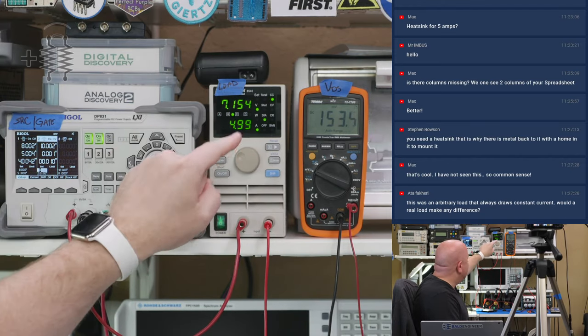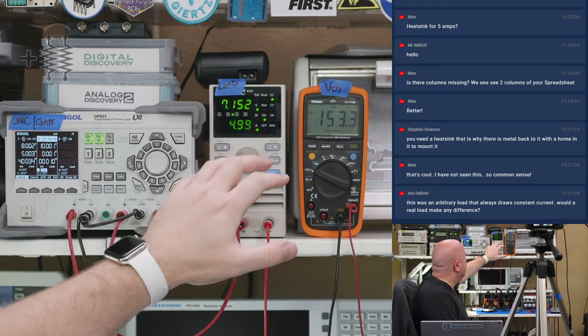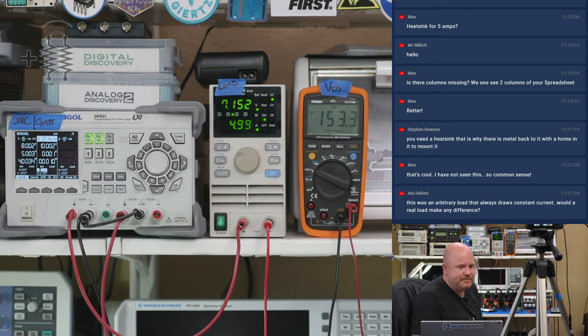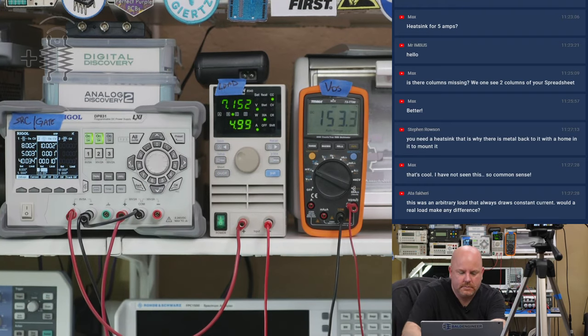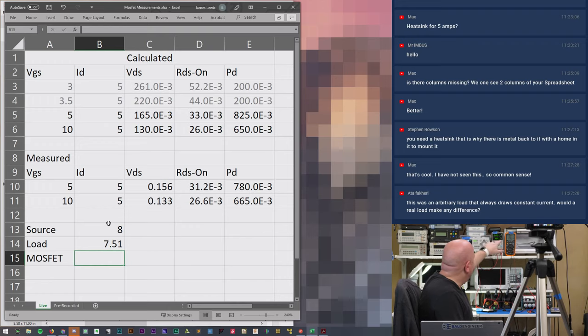So the load itself, if this was our motor or whatever we want to call it, is dropping 7.15 volts. Source 8, load 7.51, and then the MOSFET is dropping 153 millivolts.